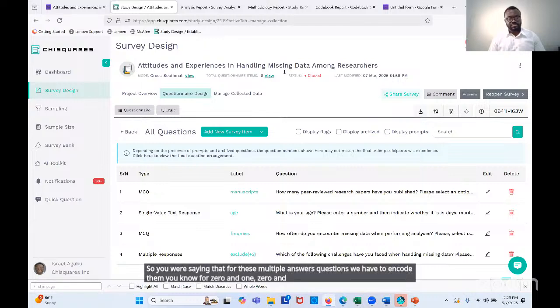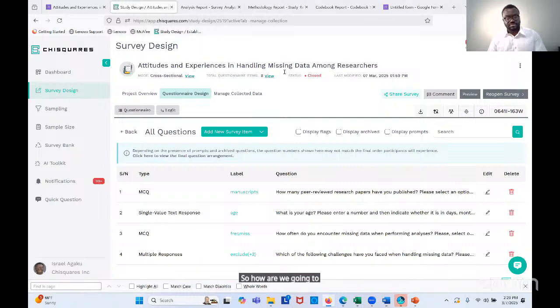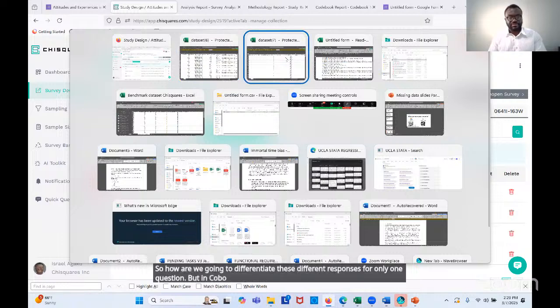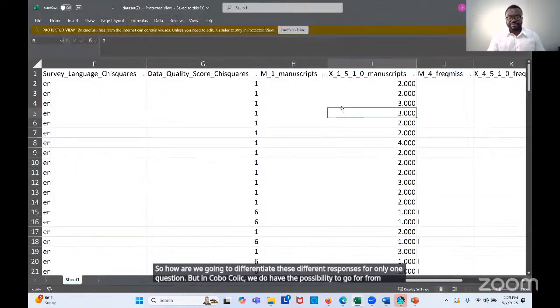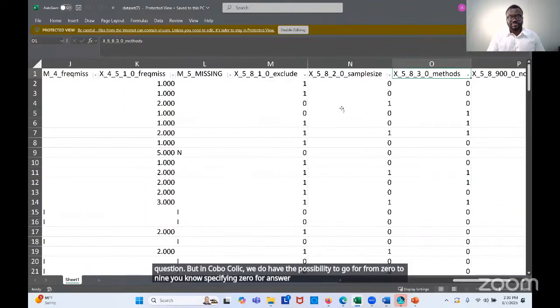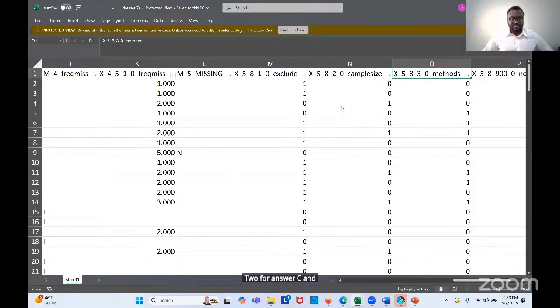So can we confuse these answers, as we have multiple choices? Once we have 0, 1, 0, 1, how are we going to differentiate these different responses for only one question? But in Kobo Collect, we have the possibility to go from 0 to 9, specifying 0 for answer A, 1 for answer B, 2 for answer C, and so on. So I need your insight and more development on this.